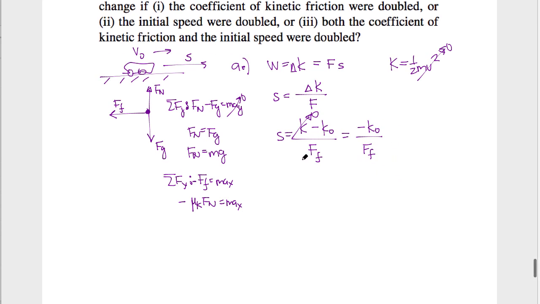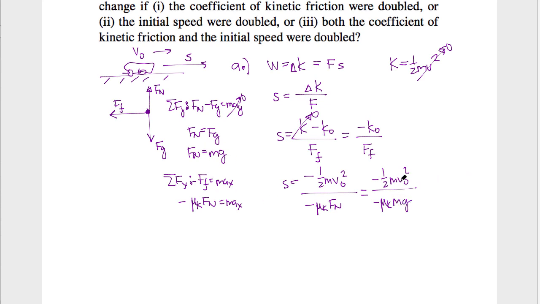Now, my force of friction is actually going to be negative, but we're not quite to that point. So I'm going to go to the next step. So my k naught is going to be 1/2 m times v naught squared. And my force of friction is going to be negative mu k times my normal force, which I can go ahead and rewrite as negative mu k times now mg.